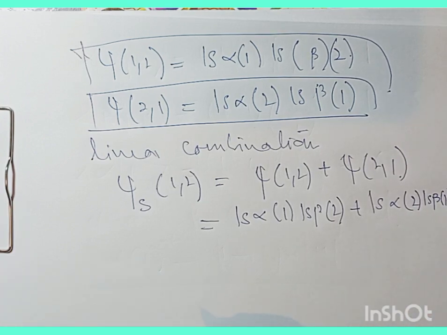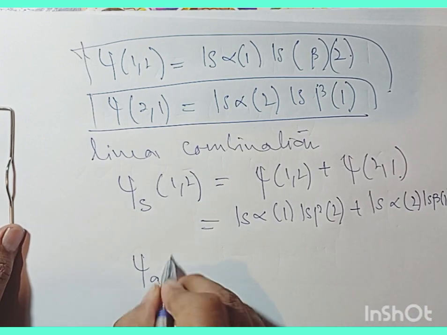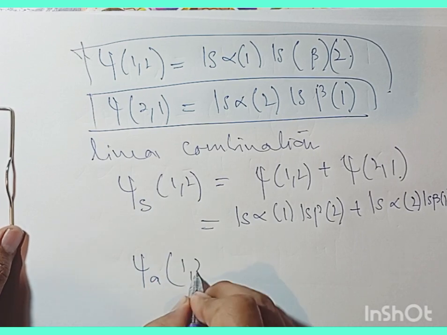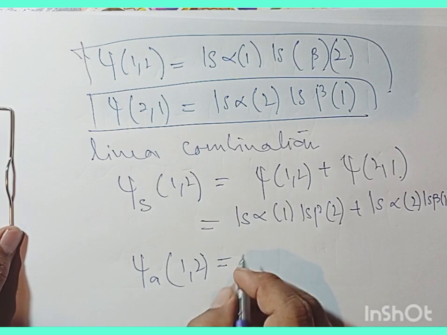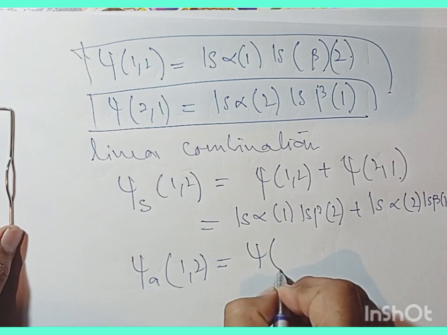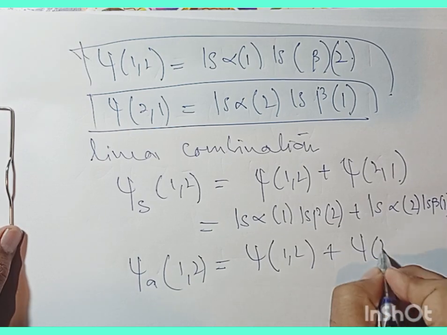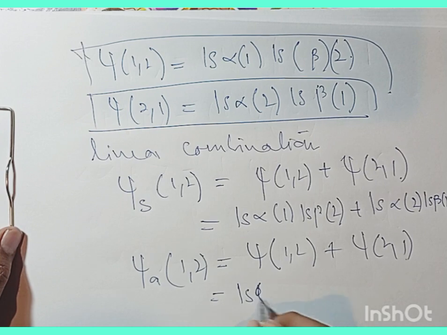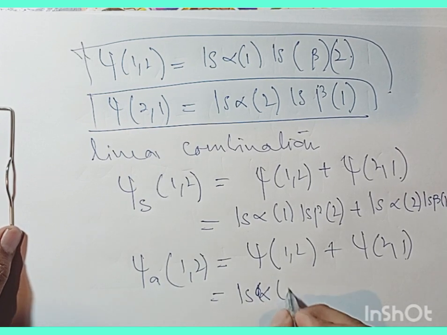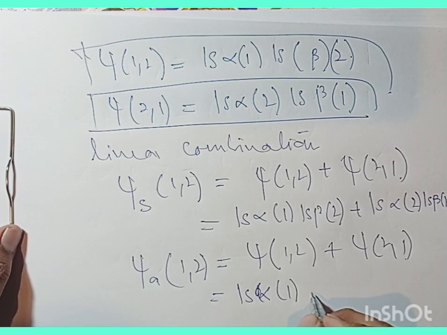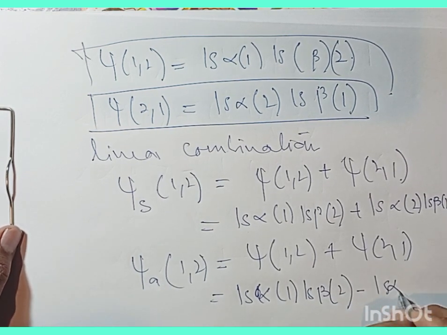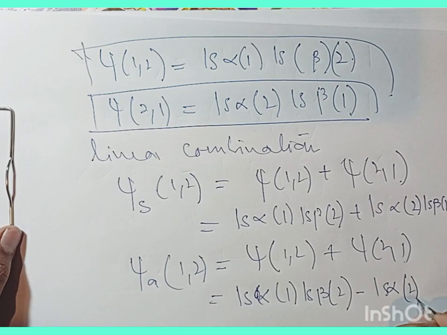Similarly, we can write down the asymmetric wave function, psi a of 1 and 2, as psi of 1 and 2 minus psi of 2 and 1: 1s alpha 1 and 1s beta 2 minus 1s alpha 2 and 1s beta 1.